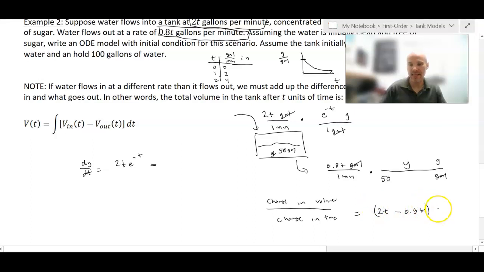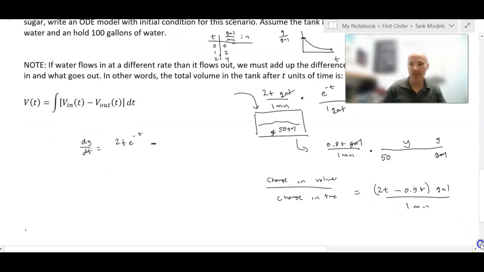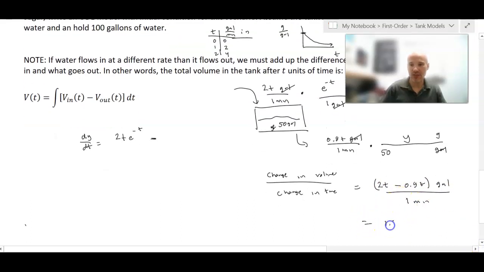This is in gallons per 1 minute. So what this means is that I have a net change of 1.2t gallons per 1 minute. Okay, that means my tank is actually filling up, right? It's positive. The tank is filling up at a rate of 1.2t gallons per minute.